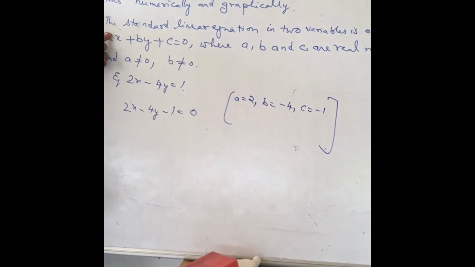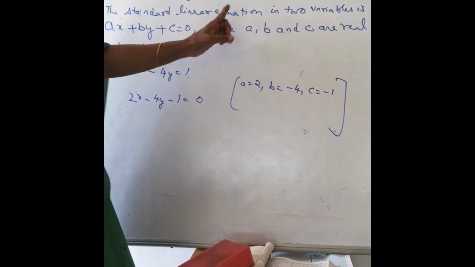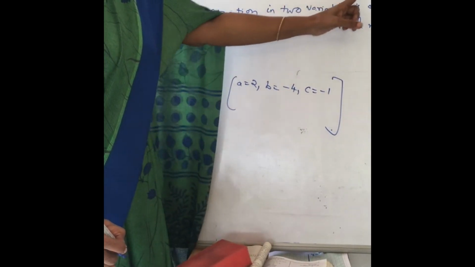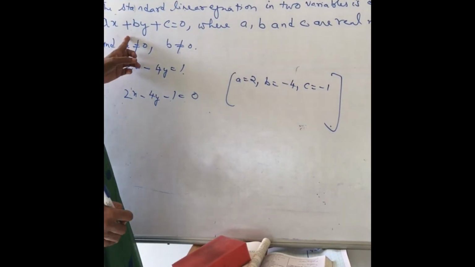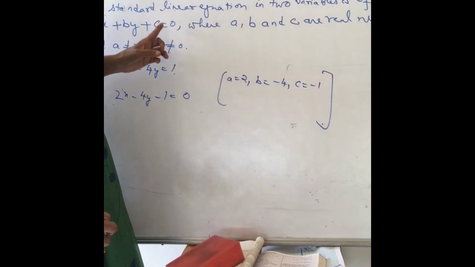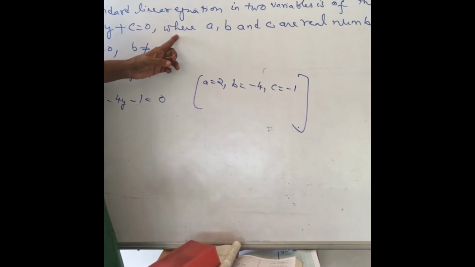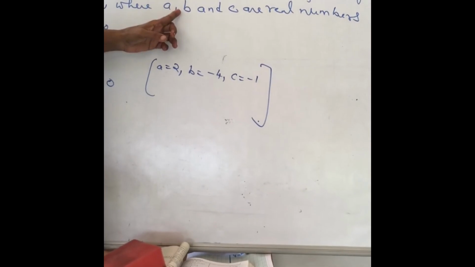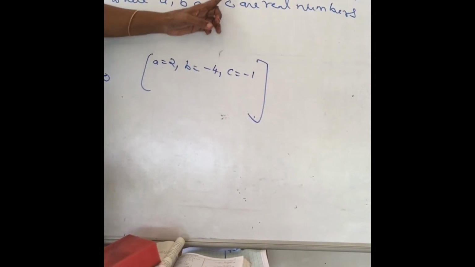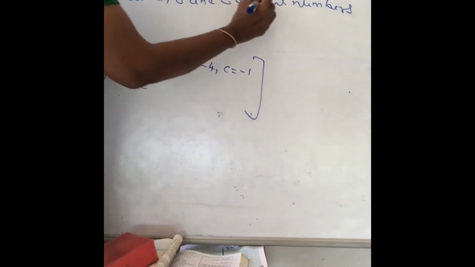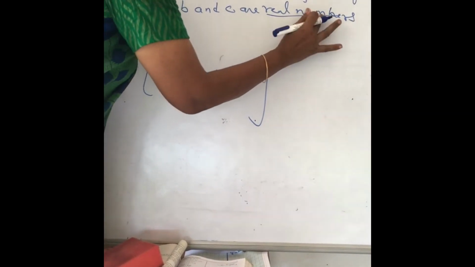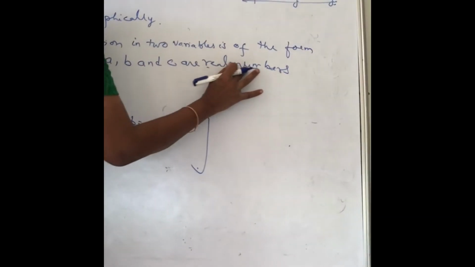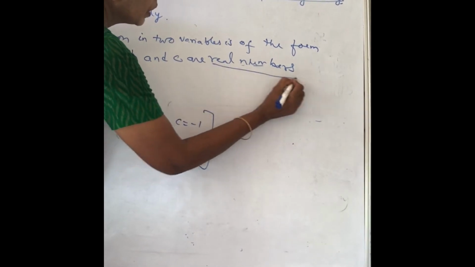The standard linear equation in two variables is of the form ax plus by plus c is equal to 0, where a, b and c are real numbers. The word real means they can be rational or irrational.